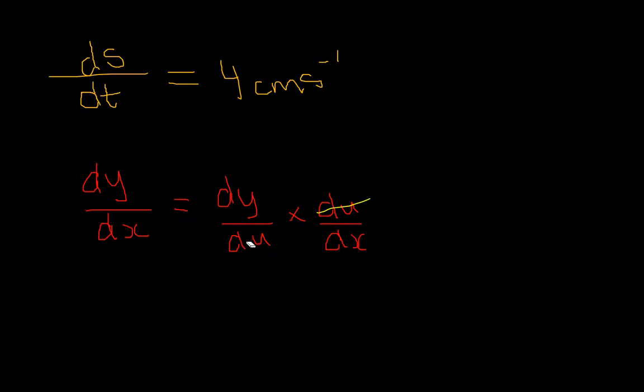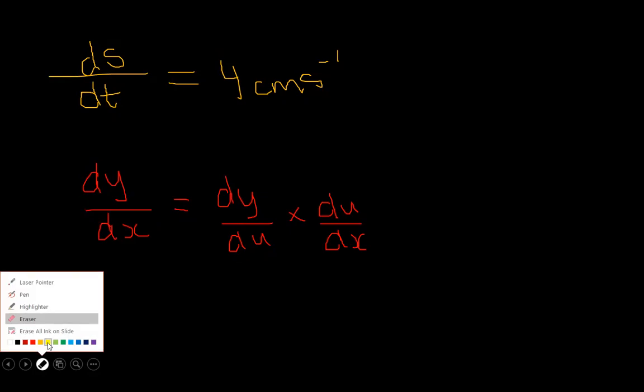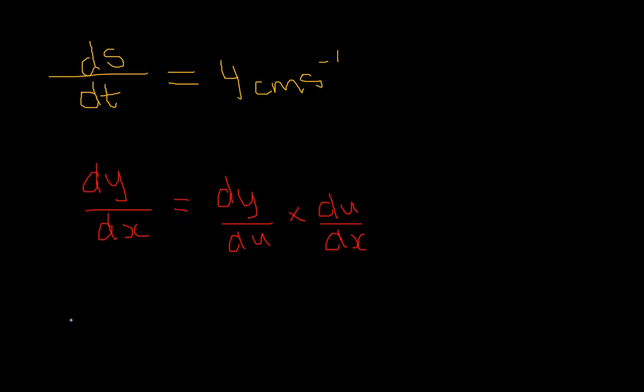So what exactly did they ask me for? Well, they asked me for the rate of increase of the area. Again, they mentioned this rate thing, so I know what I'm trying to find is something on dt. Why? Because they said rate, so with respect to time, dt. And they said the area, the rate of the area, so this on top here would be dA, where A is my area, right?